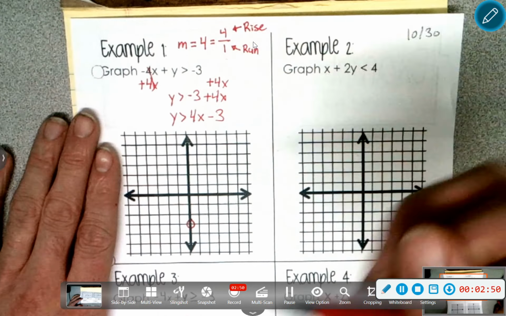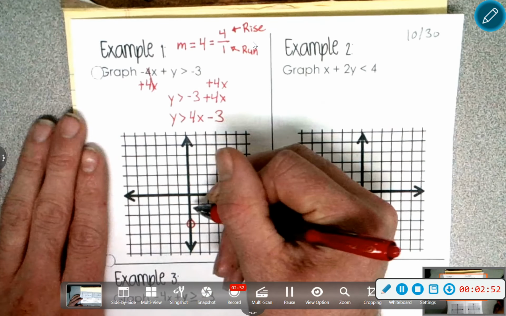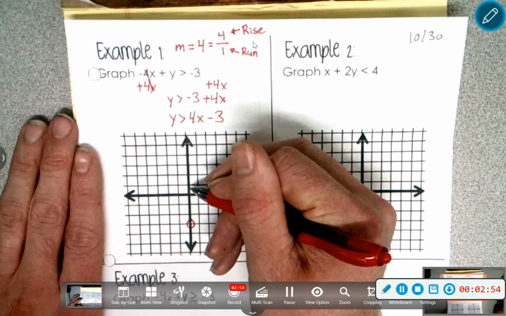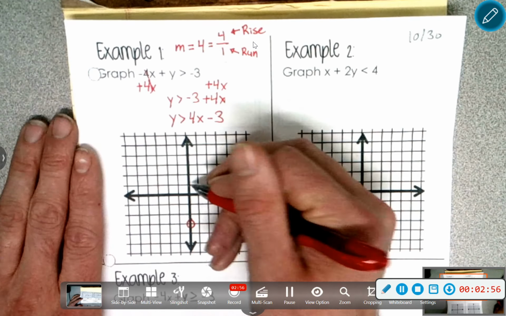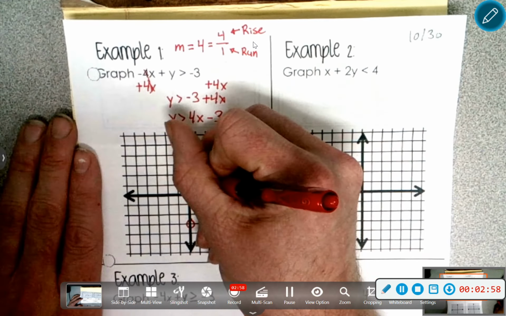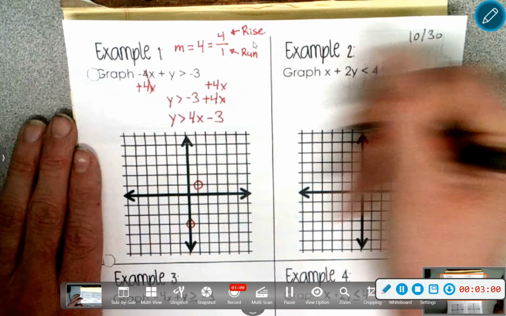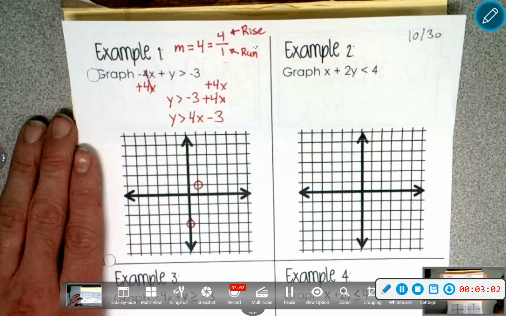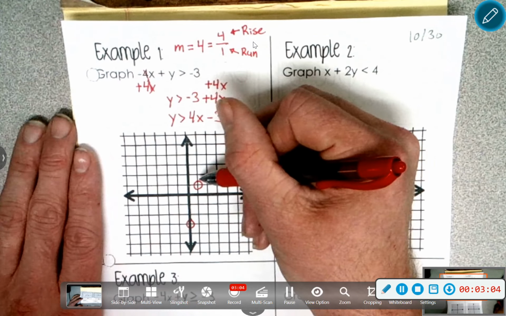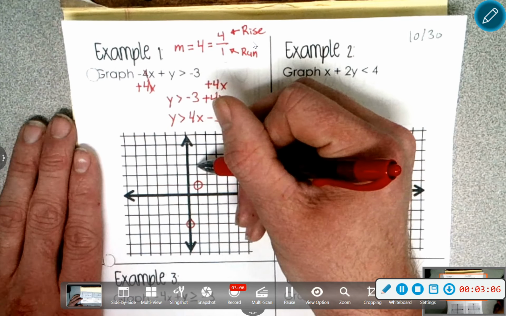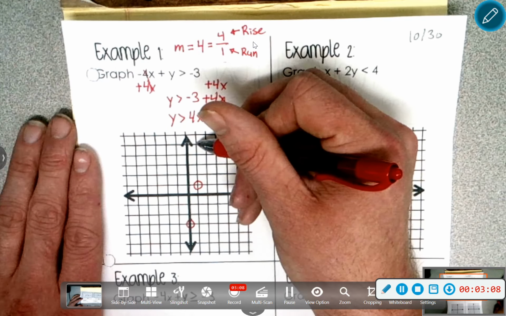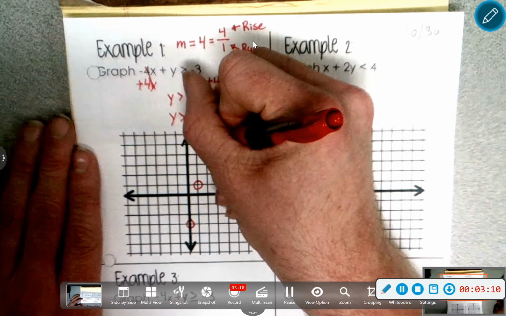So I'm going to go up 1, 2, 3, 4 units and right 1. And now I have another point. I went up 4, right 1. Continue up 1, 2, 3, 4, right 1.